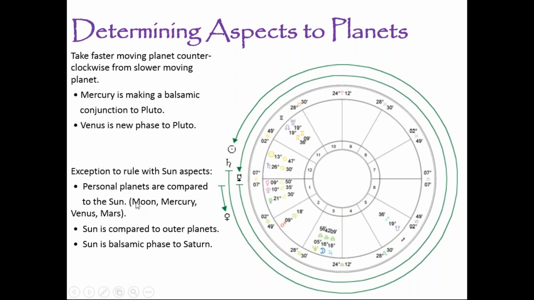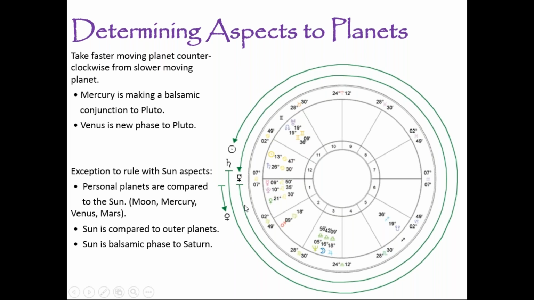So with Moon, Mercury, Venus, Mars, Sun becomes the starting point. These inner planets are compared to the Sun. With Jupiter, Saturn, Chiron, etc., I compare the Sun to those outer moving planets.